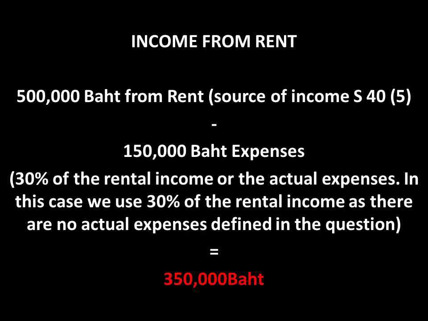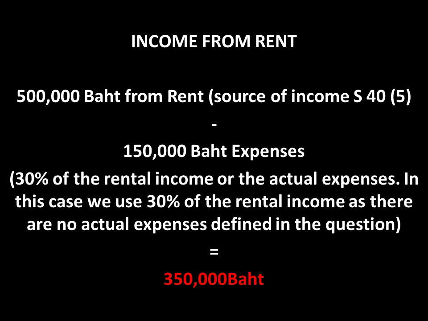Plus, income from rent. In my example, Mr. John had 500,000 baht from rent. So you need to add 500,000 baht and deduct the expenses. As you know, for the revenue code rules, expenses for rent are 30% of the rental income or the actual expenses.